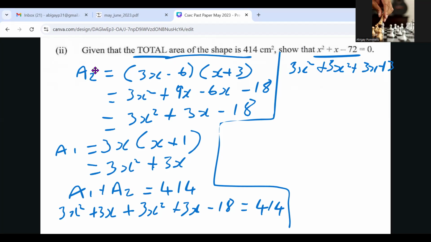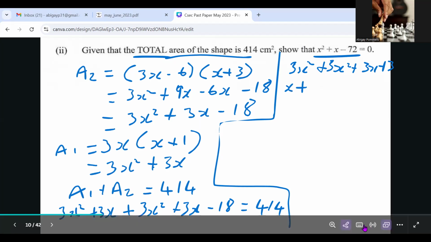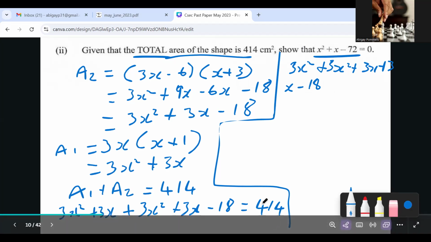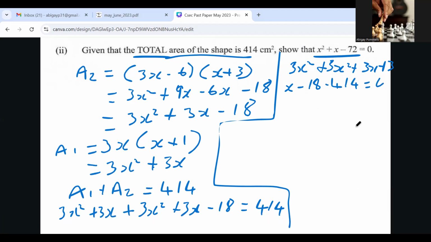Just imagine that the x is right here. Subtract 18. And I'm going to bring over the 414 over here, minus 414 equals 0.